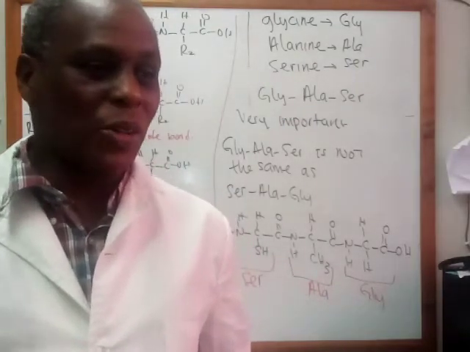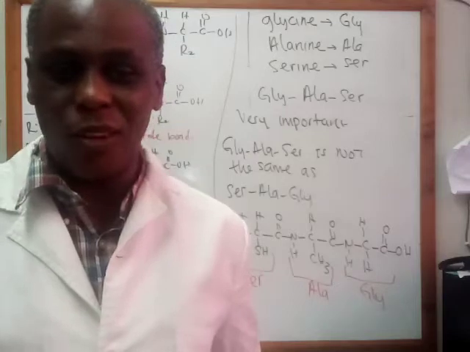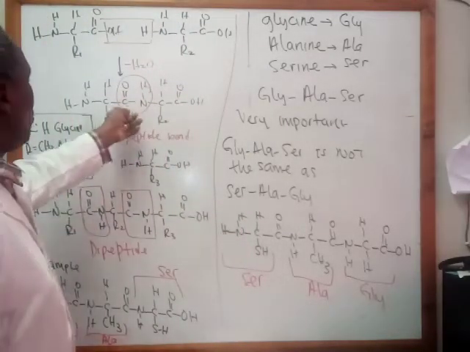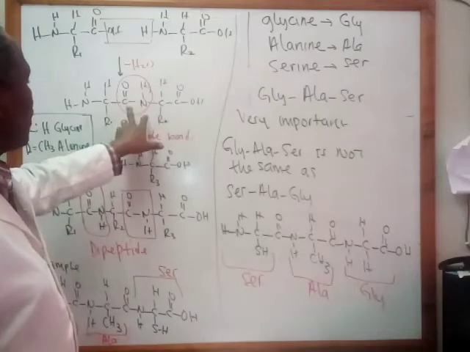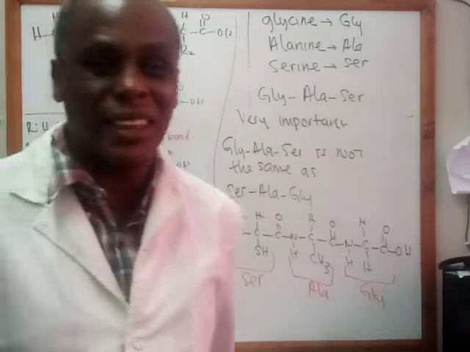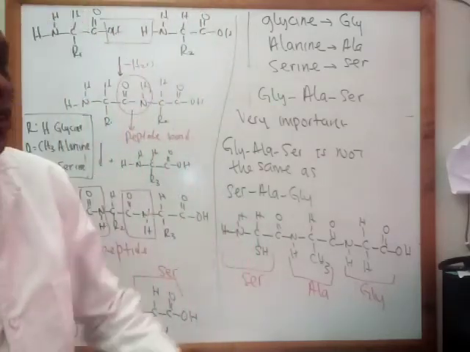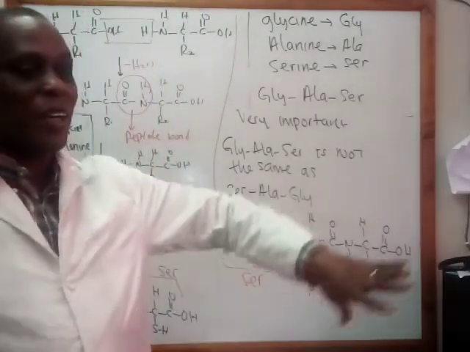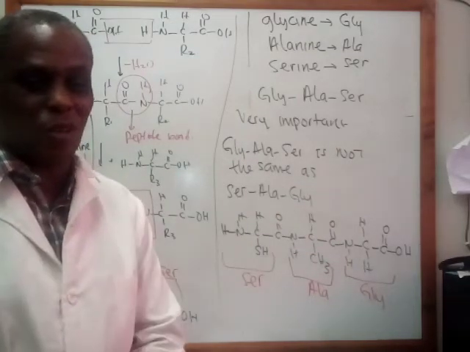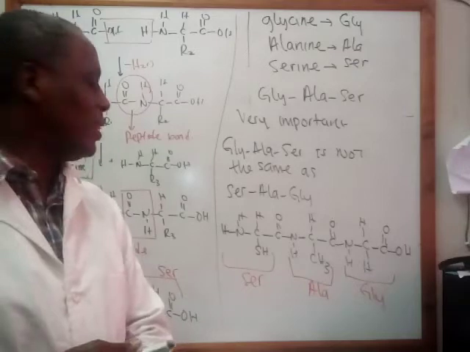Condensation means you are removing water. So the final thing, what you are forming from the two amino acids, is called an amino acid residue. A residue is one which is formed from the initial compounds, and then you are removing one of the components, which in this case is water.